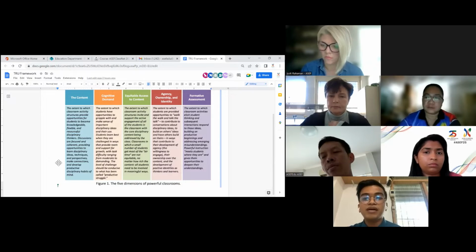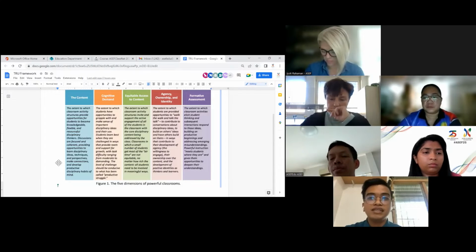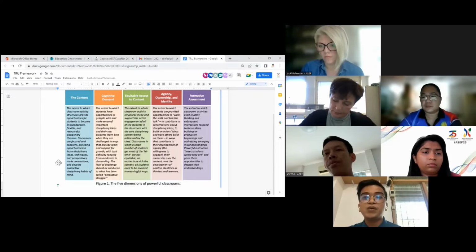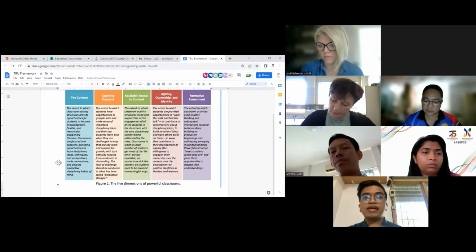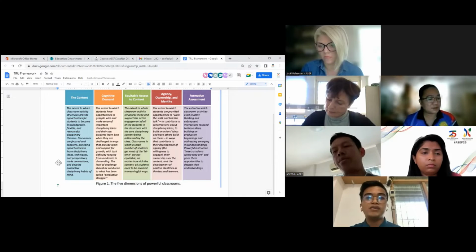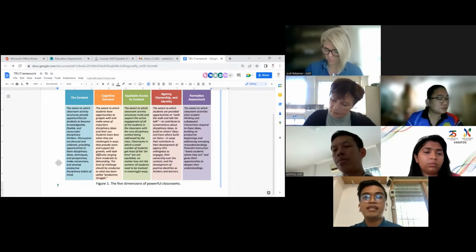Because if they know the purpose of the activities they are taking part in, then they would be interested to look for solutions, like, for example, in the video earlier, given a problem where there is a dirty canal, you just have to look for ways to filter it or make sure that it will be clean. So they were the ones who researched, they were the ones who looked for solutions, and they enjoyed this as well. They enjoyed it and they also learned from it.